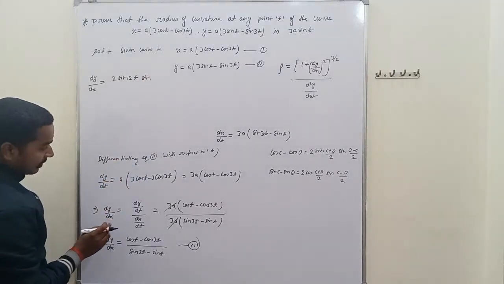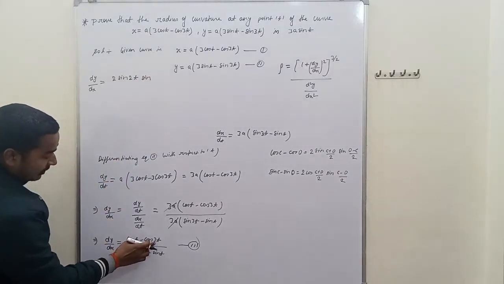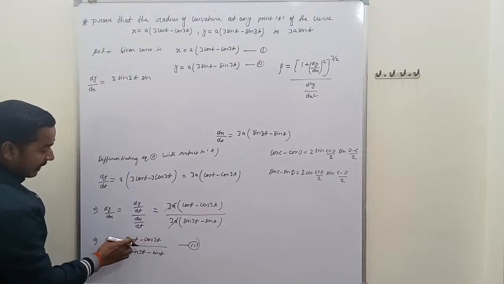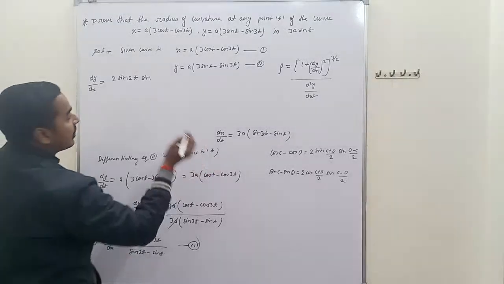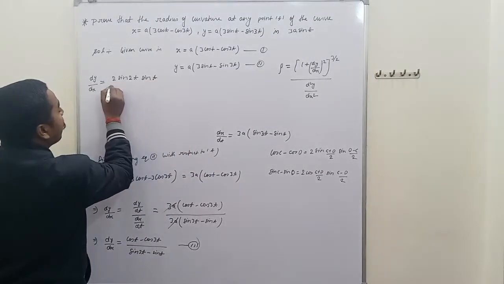Here the angle: c is 3t and d is t. So (3t minus t) is 2t, and 2t divided by 2 is t.